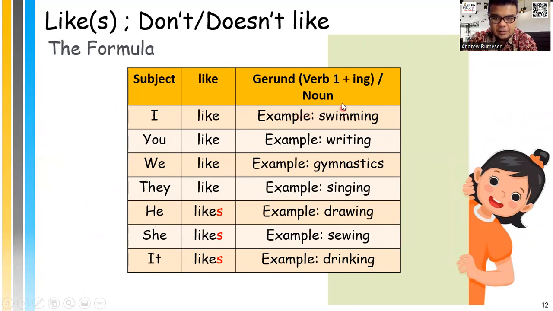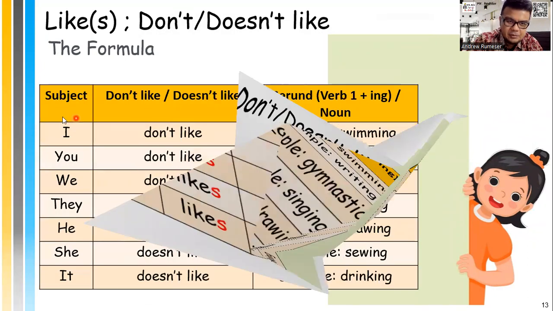And then plus the gerund or the noun, right? Swimming, riding, gymnastics, singing, etc. But if the subject is he, she, it, then what happens to the verb? We add S. That's right. Plus the gerund or the noun. He likes drawing. She likes sewing. It likes drinking. The dog likes drinking, for example.